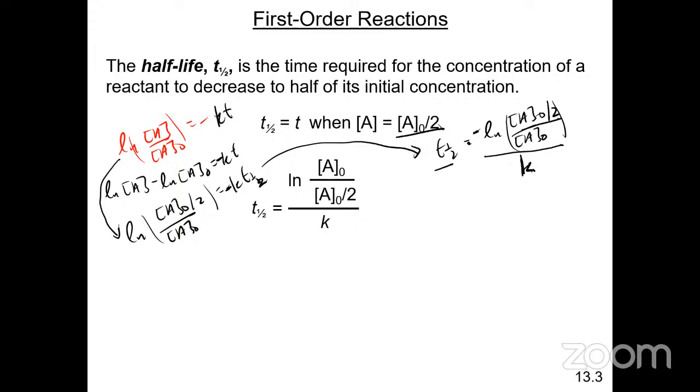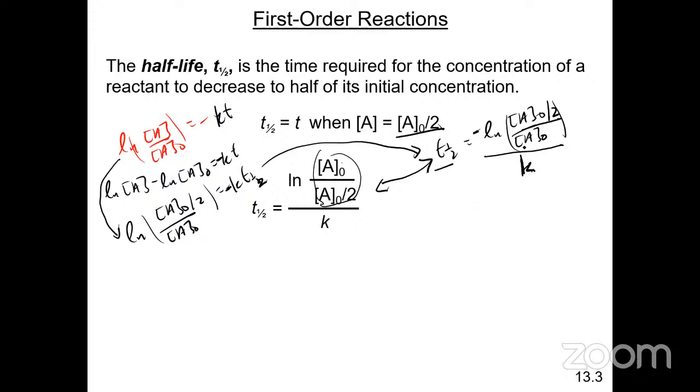So the half-life will be equal to minus ln the initial concentration of A divided by 2 over the initial concentration of A, divided by K. And if you examine these equations, you see that they are saying the same thing, because if you remove the minus sign, you have to switch the numerator and denominator for this part right here, and that would be equal to this part right here, all right?